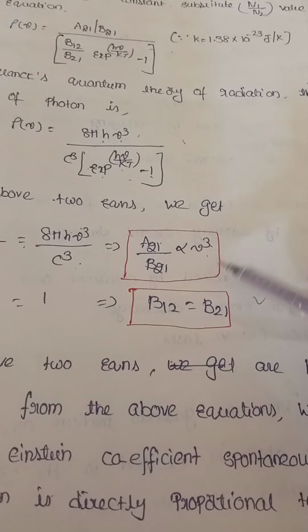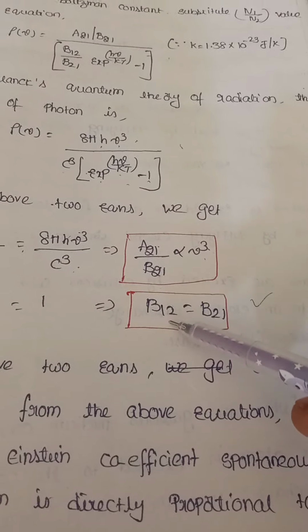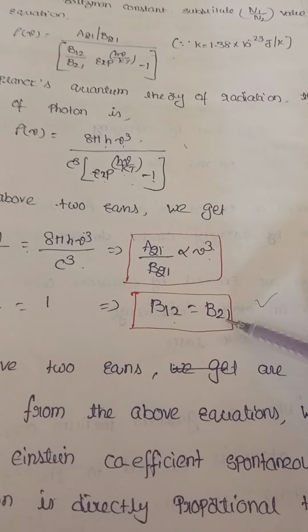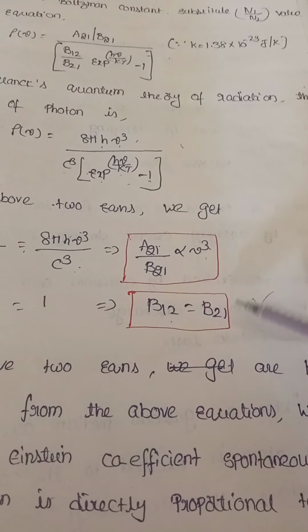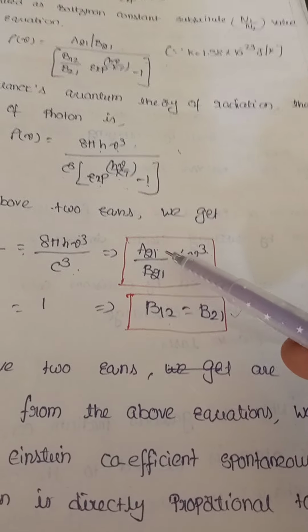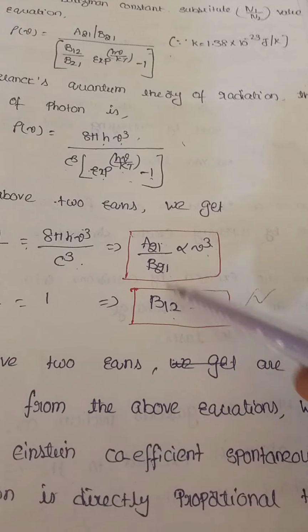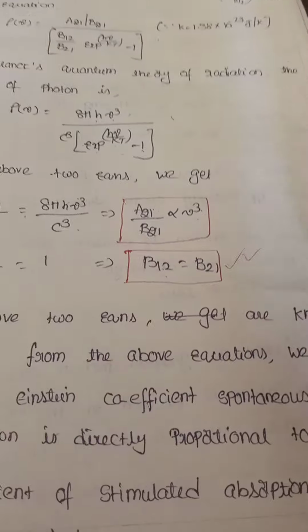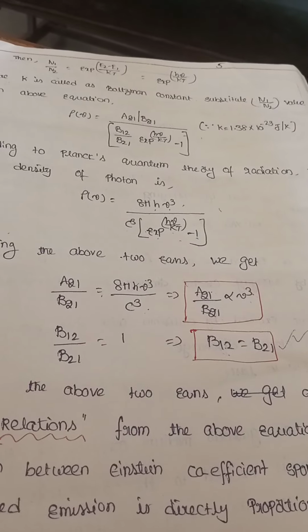The second relation is that the Einstein coefficient of stimulated absorption is equal to the Einstein coefficient of stimulated emission. The Einstein coefficients are B12, A21, and B21, but these two are Einstein's relations. So that is about the Einstein coefficients and Einstein relations.